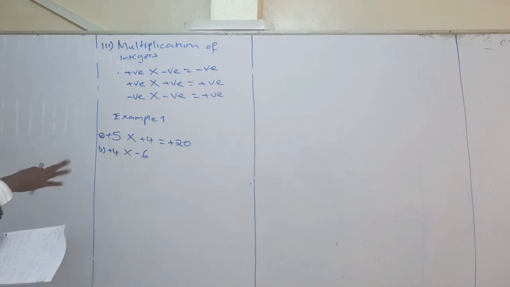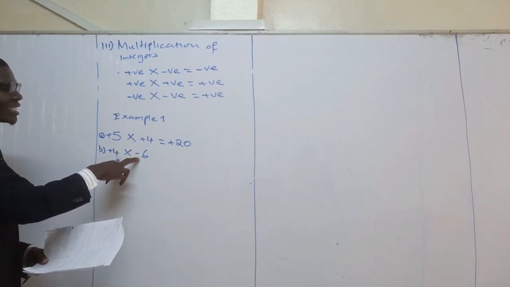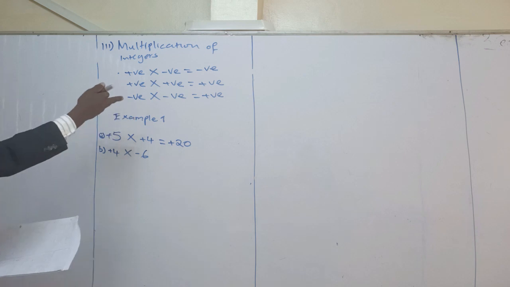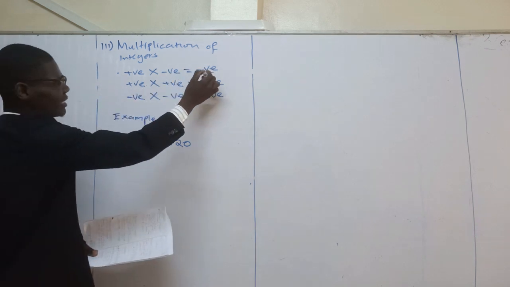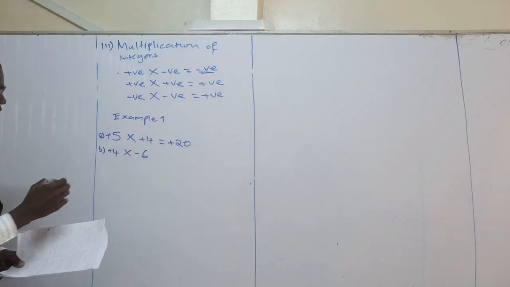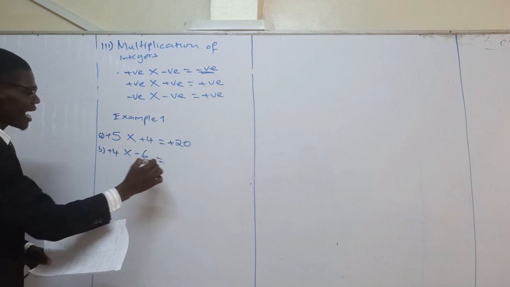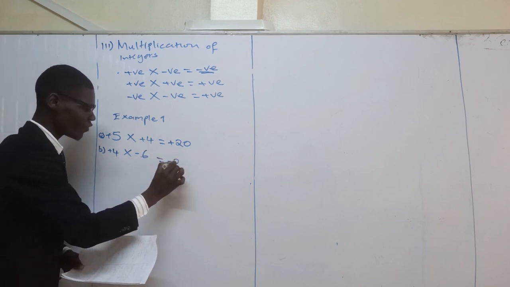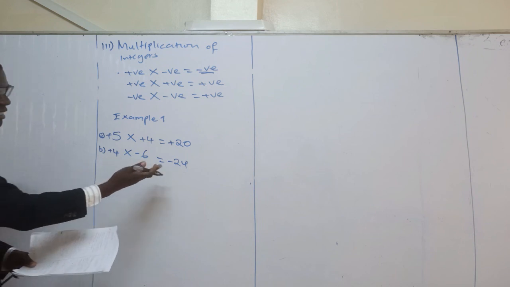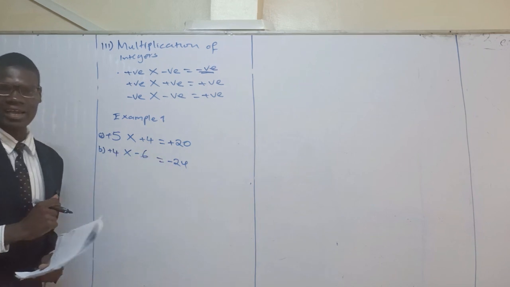I am multiplying a positive integer by a negative integer, so my result must be a negative integer. So this gives me a negative 24.